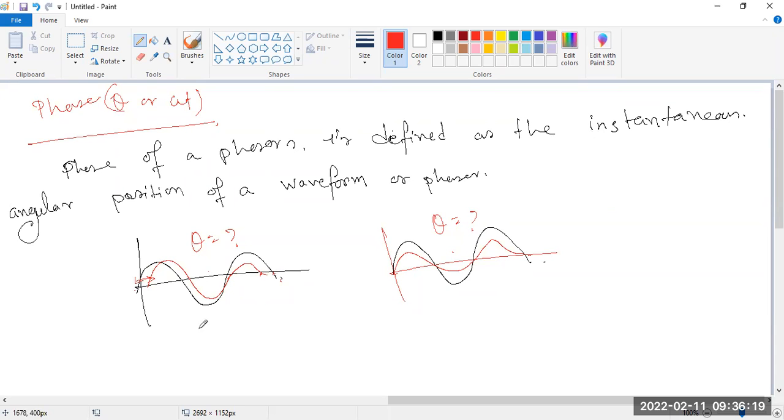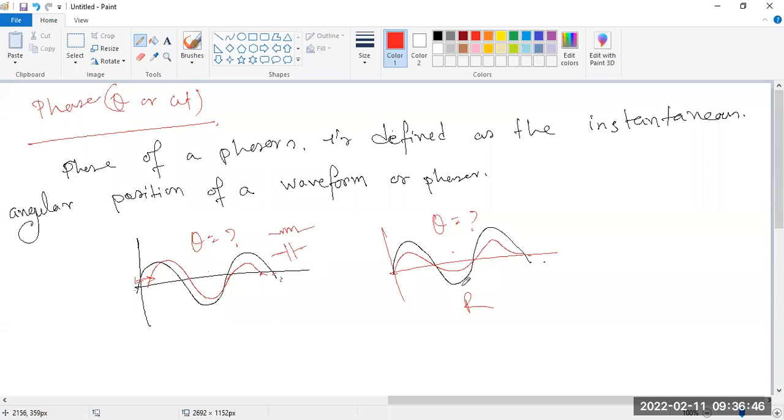You know there is always a phase difference between voltage and current for AC if you put some inductance or capacitance. But if you put only resistance, there is no phase difference. This is very important for your RLC circuit.